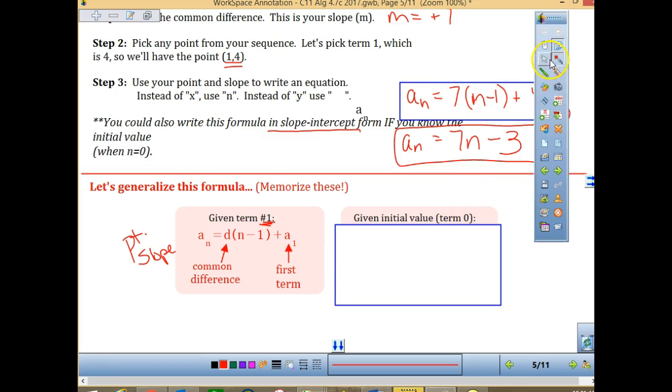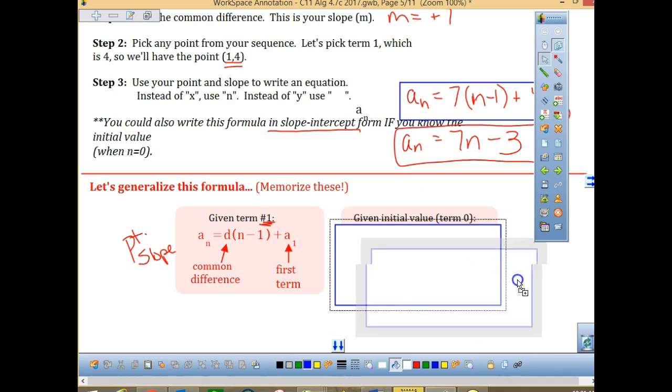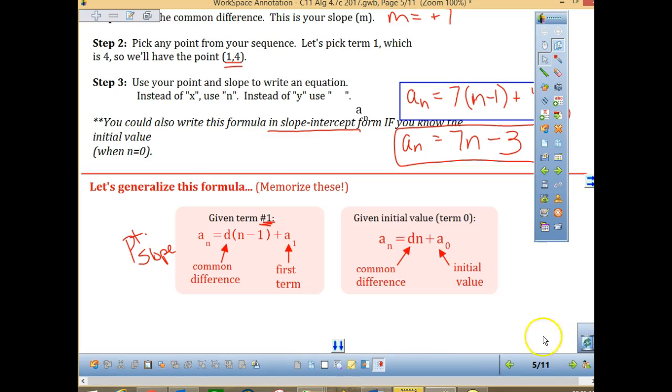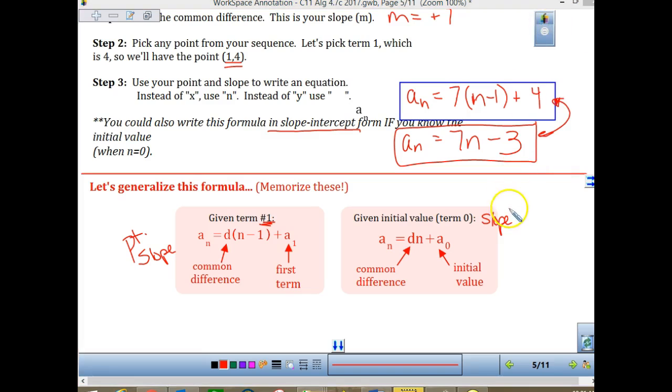If you are given term 0, you are then going to go slope-intercept. So if you're given term 0, you want to think slope-intercept. Okay?